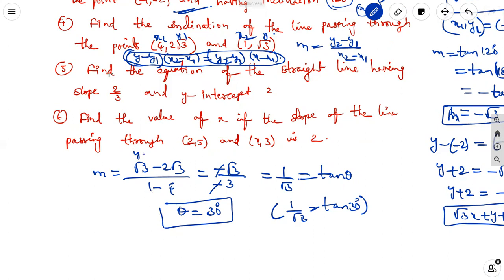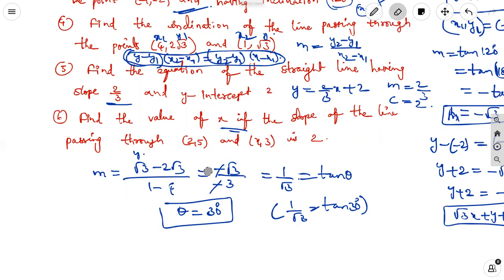Next, fifth problem. Find the equation of the straight line having slope and y-intercept. So that is y equal to mx plus c. So this is slope m equal to 2 by 3, y-intercept c equal to 2. Sixth one, find the value of x if the slope of the line passing through 2 comma 5 and x comma 3 is 2.